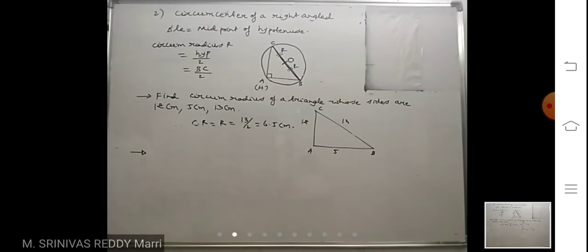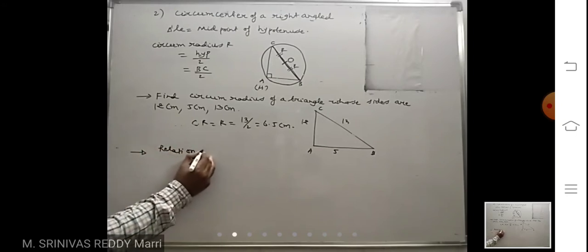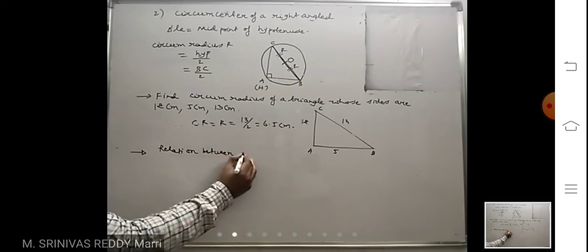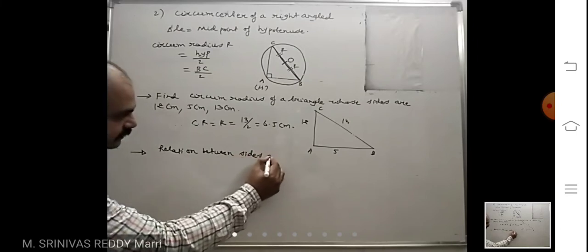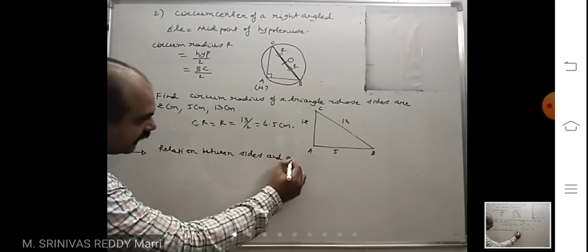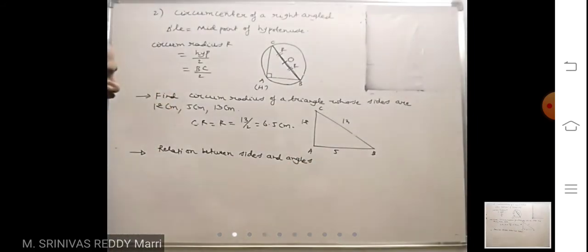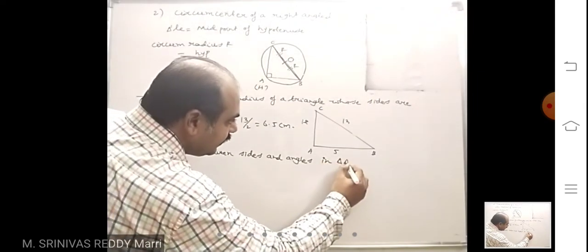Now we will design rules for finding the relation between sides and angles in triangle ABC.